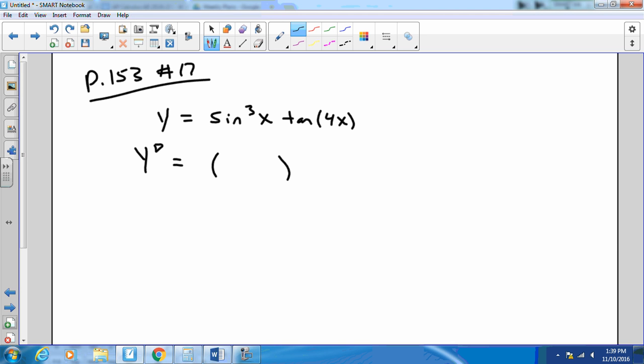Equals, parentheses, sine x cubed, and tangent 4x times 4.